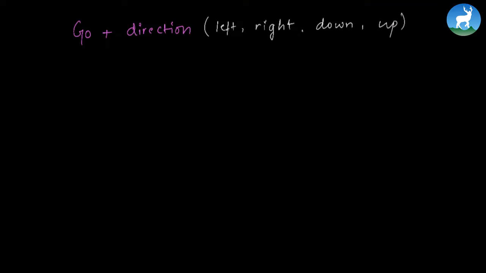So while giving directions, let's see how we can break it into sentence structures. You can write go plus direction, right? So it means you can go left, you can go right, you can go down, you can go up, right?